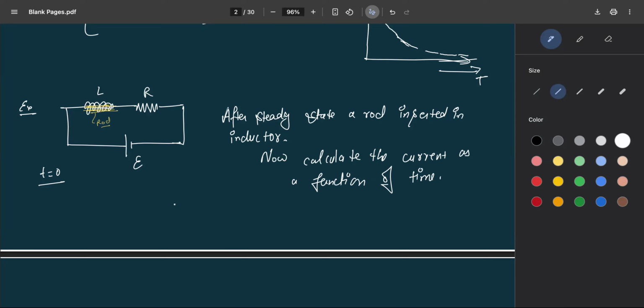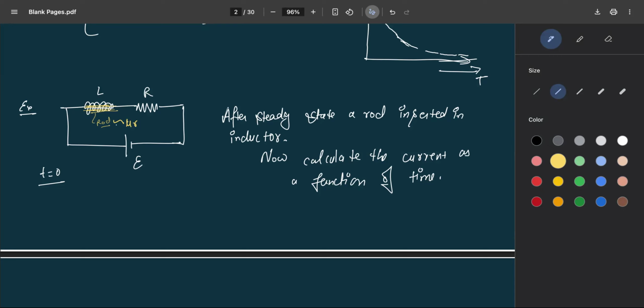Look, earlier the inductor was very normal, hollow inductor, nothing inside there. You let the current grow from zero to some higher value, and it reaches steady state. When the circuit was in steady state, I inserted a rod having relative permeability mu r.